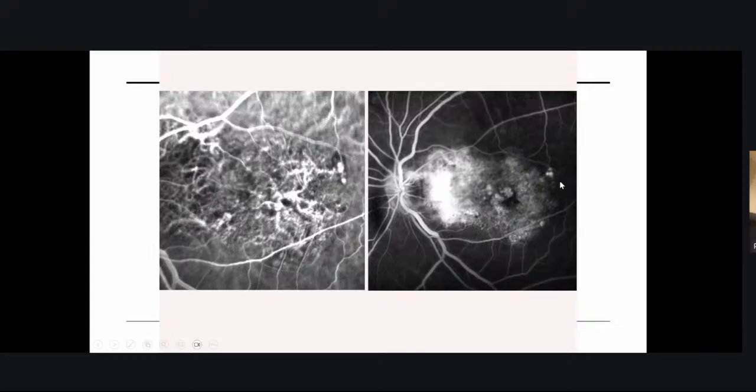And on the other side, you can see that there is a polypoidal lesion here, but this polypoidal lesion is not leaking. So the polypoidal lesion right here is not the troublemaker. The troublemaker is the CNV right there that is creating leakage and exudation.